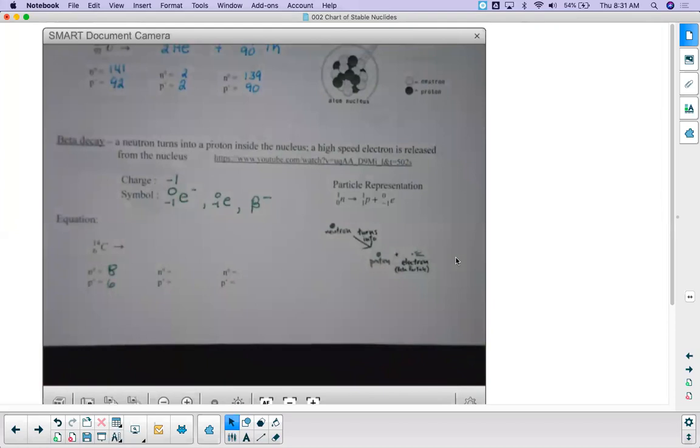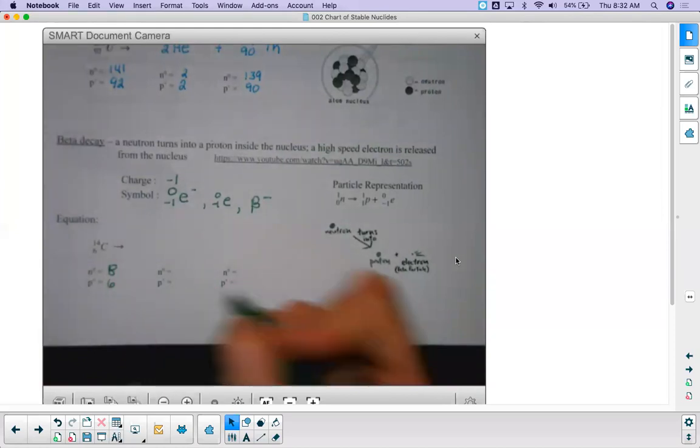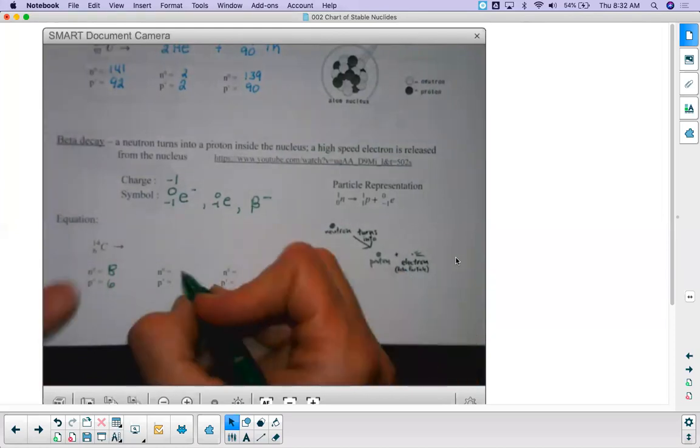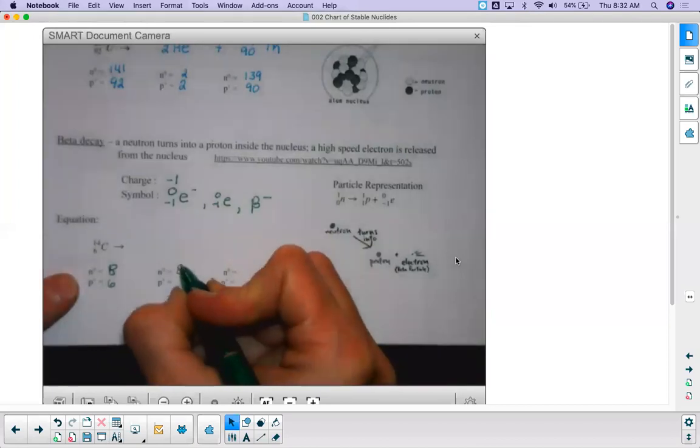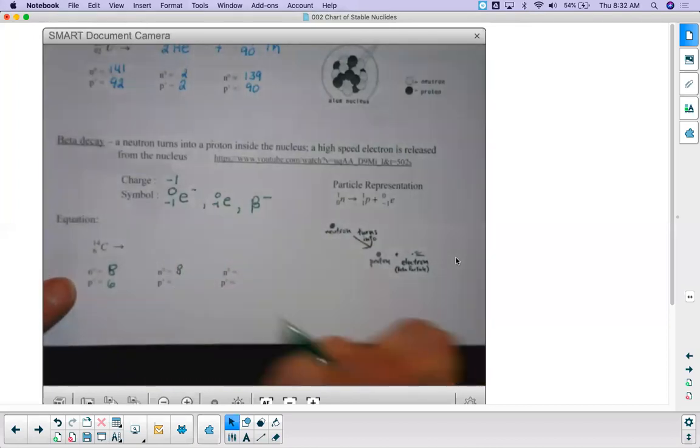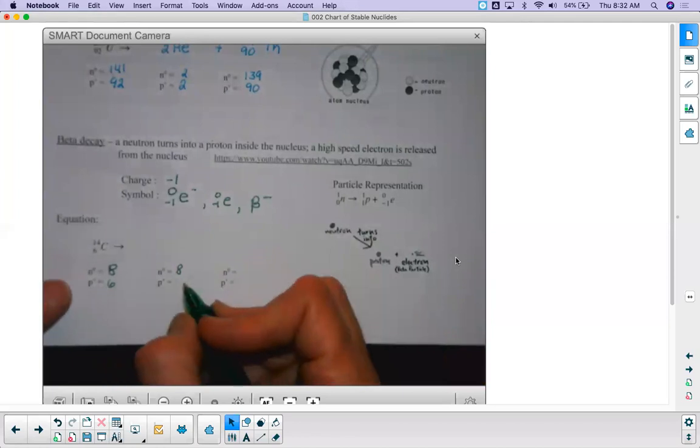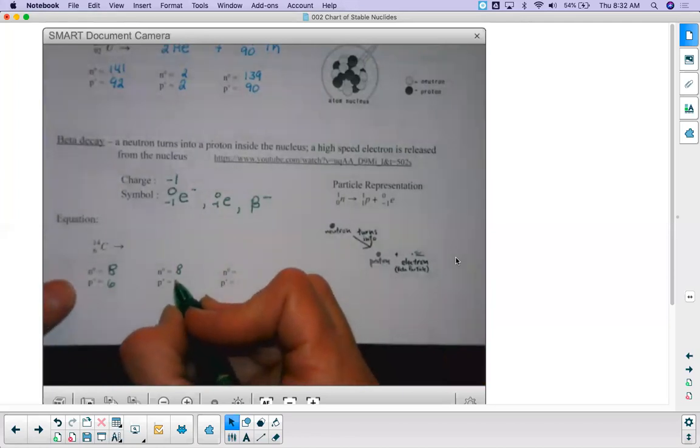If this thing undergoes beta decay, it's going to turn a neutron into a proton. So that means that we're going to have the same number of particles in the nucleus when we get done, 8 of them, except that a neutron turned into a proton.